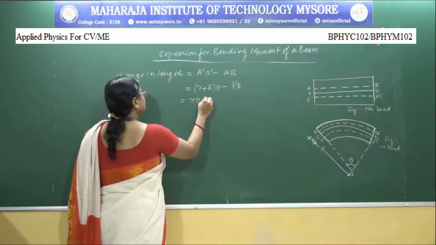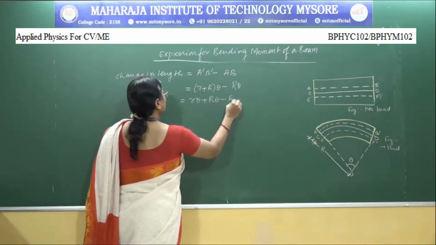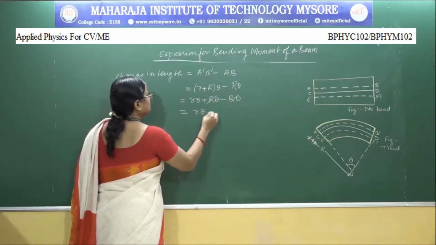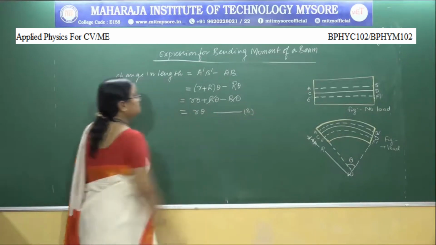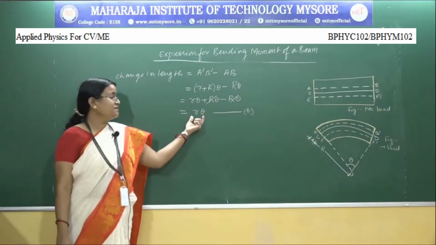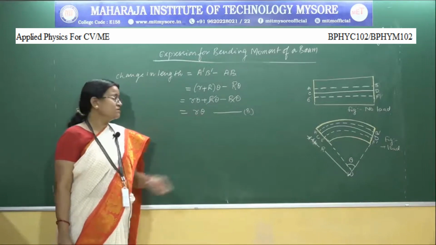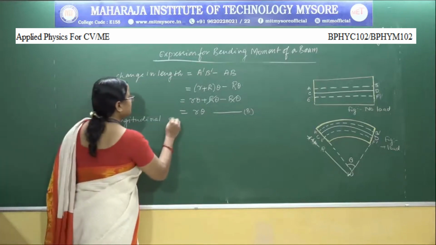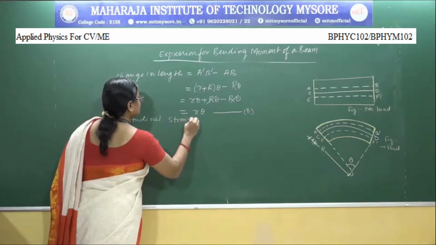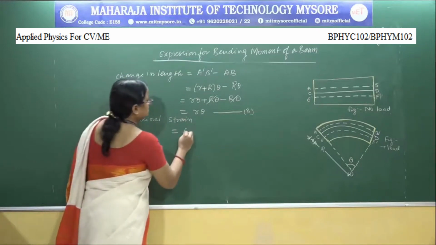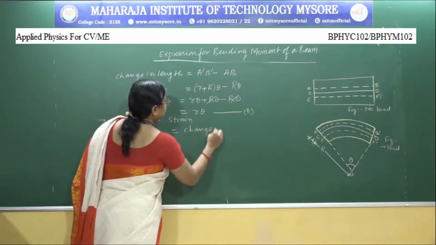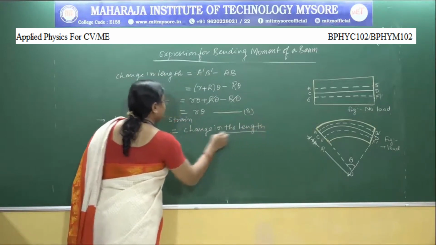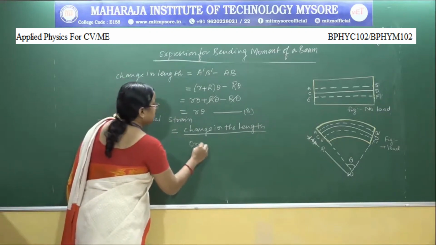So we get R theta plus r theta minus R theta. This cancels out and the change in length is equal to r theta, small r into theta. And if we want to calculate the longitudinal strain, it will be equal to the change in the length divided by the original length.